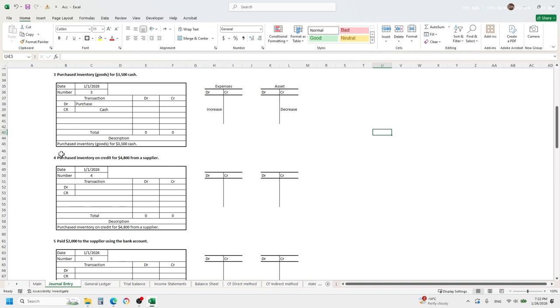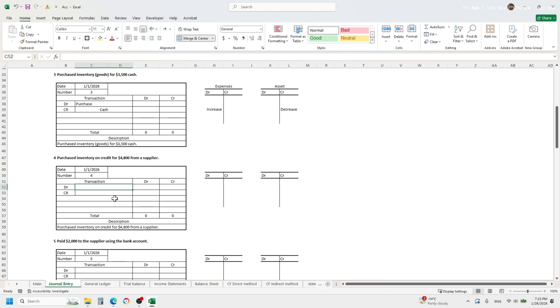Here the purchase account increases, like the one above, and the account that also increases, in credit, is called accounts payable. Accounts payable is money the business owes to a supplier. It happens because we bought goods or services on credit. So we buy and don't pay now, so we add it to accounts payable.